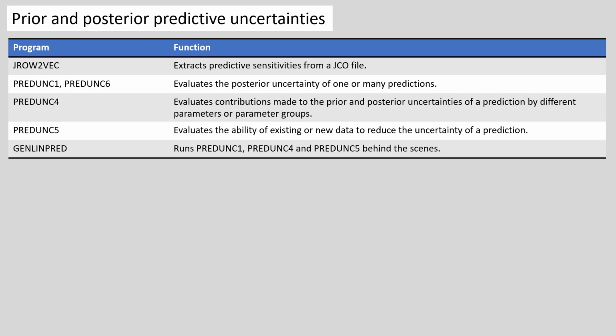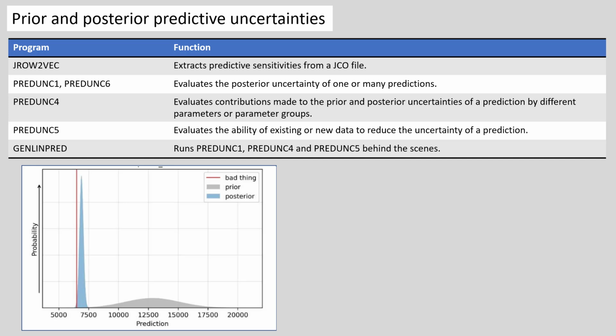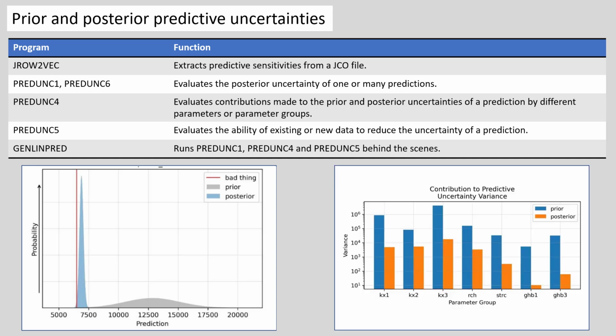Predunc1 calculates what we're probably most interested in, which are the prior and posterior predictive uncertainties. So this is effectively the uncertainty around an observation, which is your prediction, which you might then display as something like that. Predunc4 calculates the contributions made to the uncertainty of a particular prediction by single parameters or by groups of parameters.